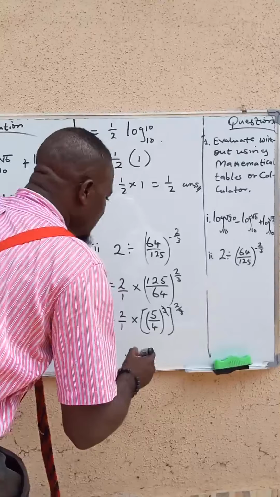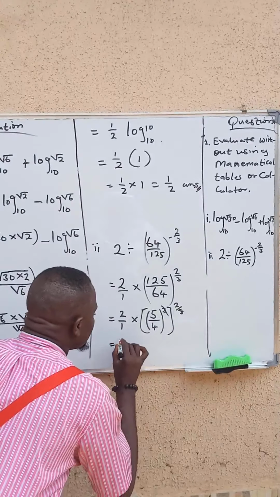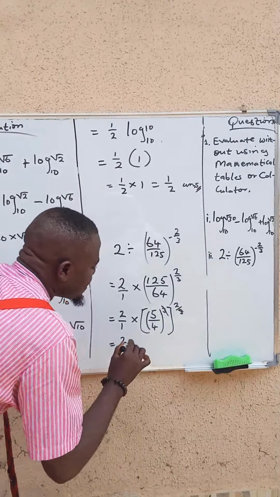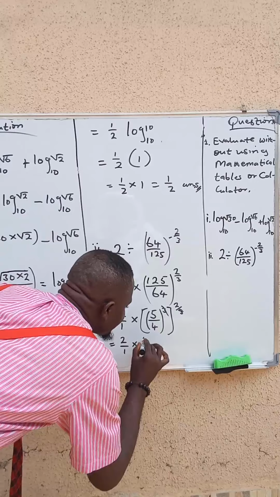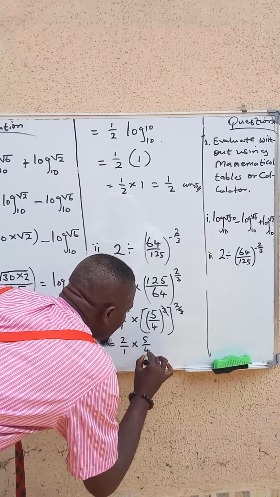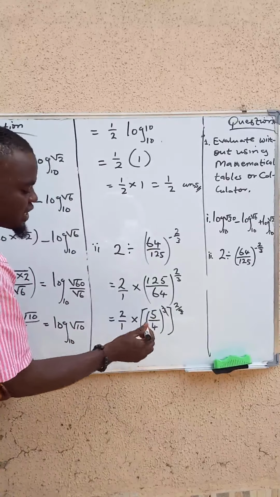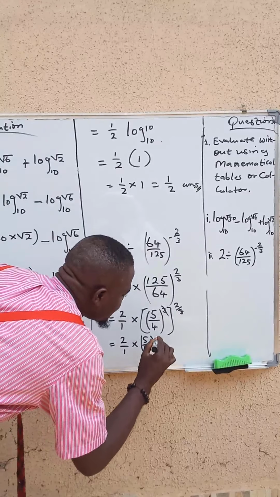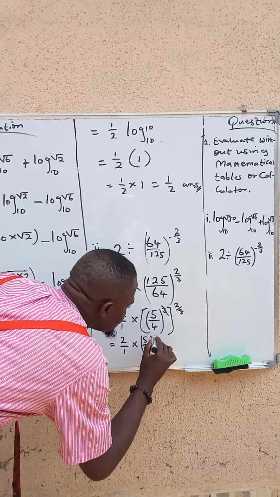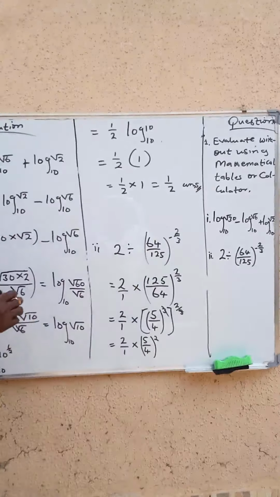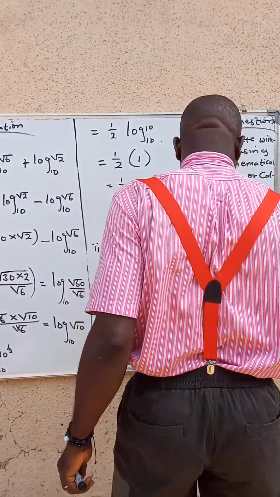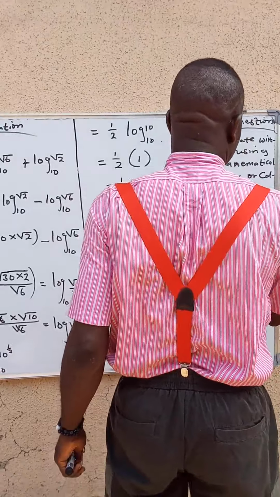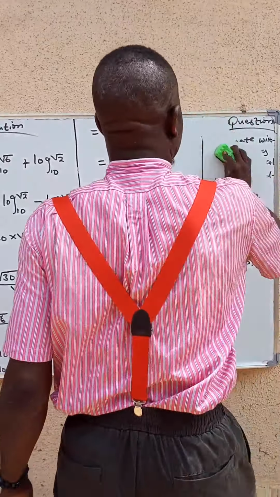So what we'll now have is 2 over 1 multiplied by 5 over 4. You know this bracket is for all of them, raised to the power of 2. So if you have done justice to that, you understand with me, I can take care of this now.